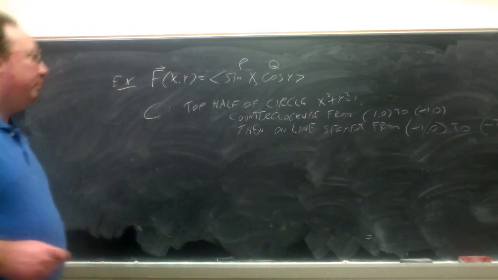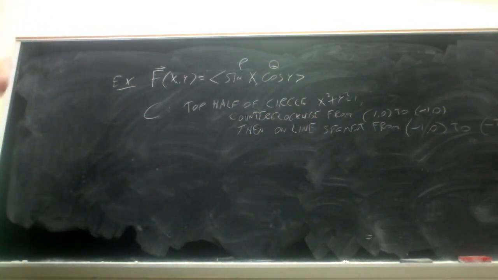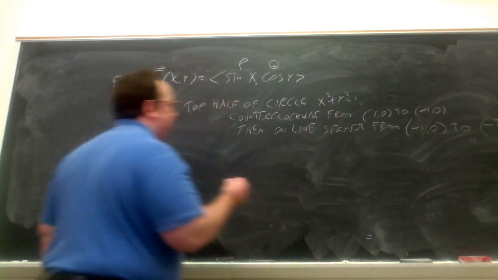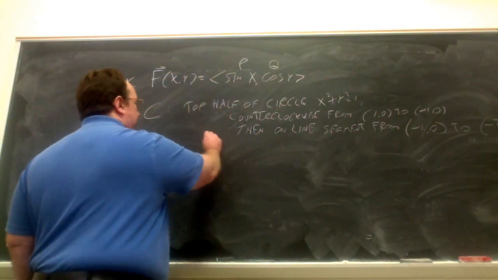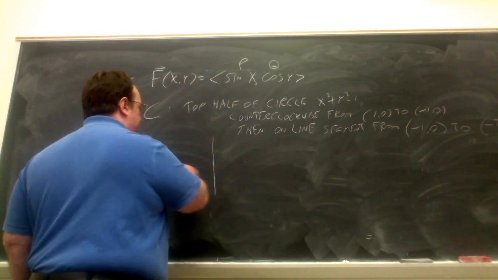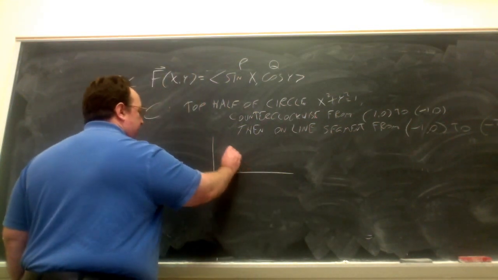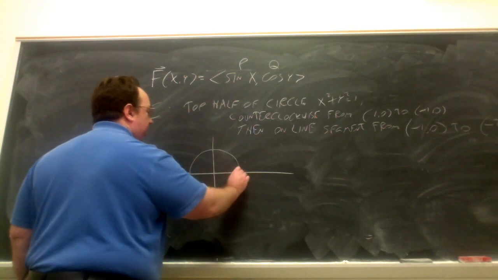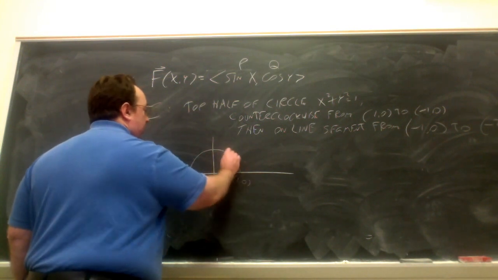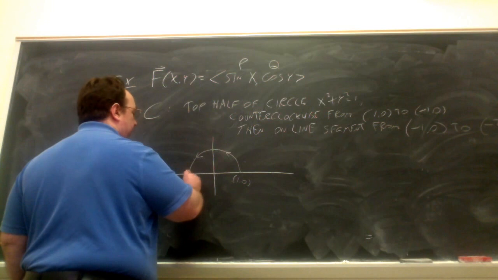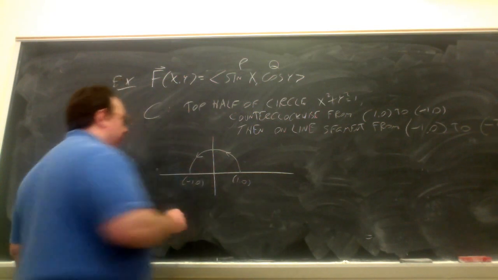The difference with the previous example, where the parametric equations were just given to you, is that now they're not, but here's how you can come up with them. So first, here's what the situation looks like. We have the top half of a semicircle, starting at 1, 0, going counterclockwise to minus 1, 0.